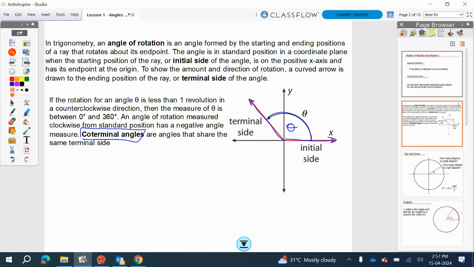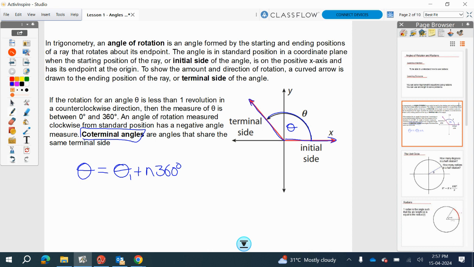We can say that two angles are coterminal if their terminal side lands in the same place. So all of the coterminal angles to any particular angle would be theta equals theta 1 plus n times 360 degrees. If we rotate it by 360 degrees, we can get any coterminal angles.